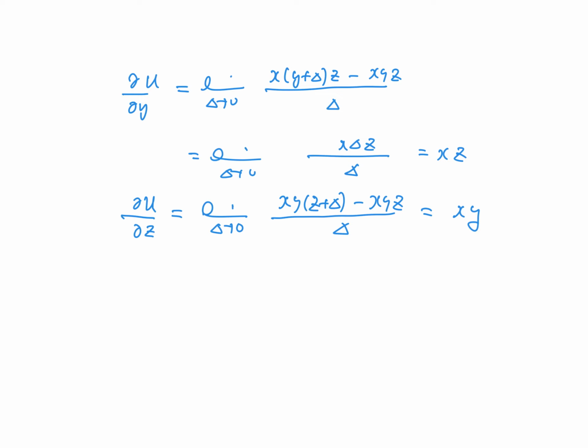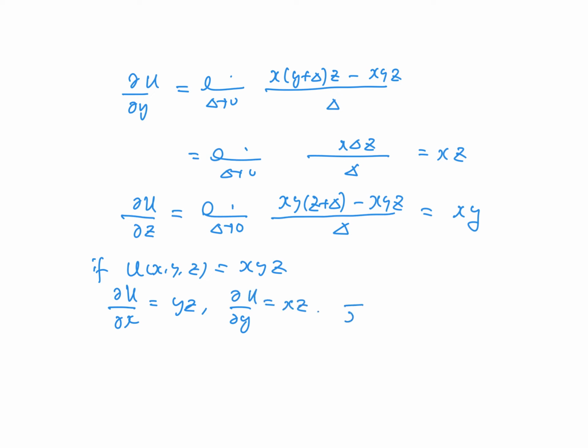So summary, if u is xyz, then partial u partial x is yz, right? Partial u partial y is xz. Partial u partial z is xy.